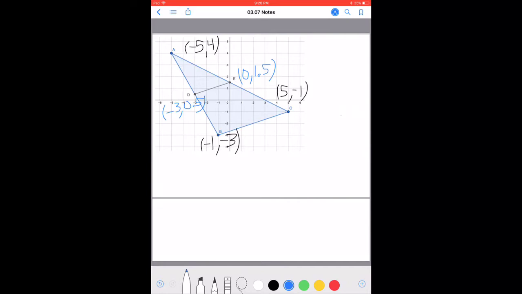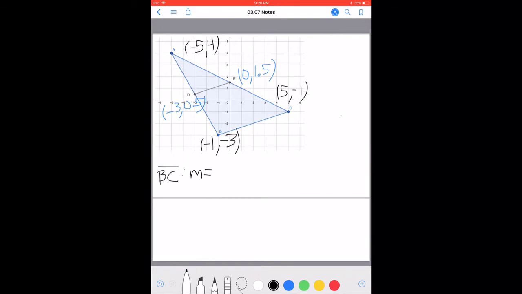So we can check if they're parallel real quick just by checking their slopes. So the slope for BC would be just like our normal slope equation, y2 minus y1 all over x2 minus x1.